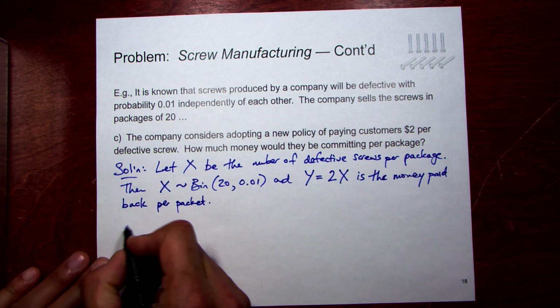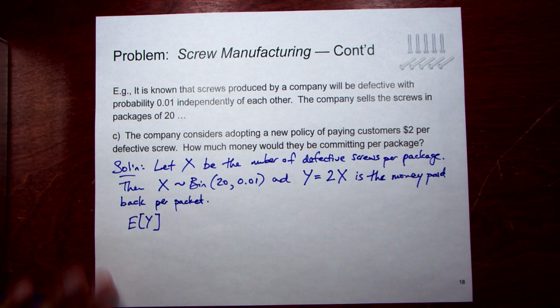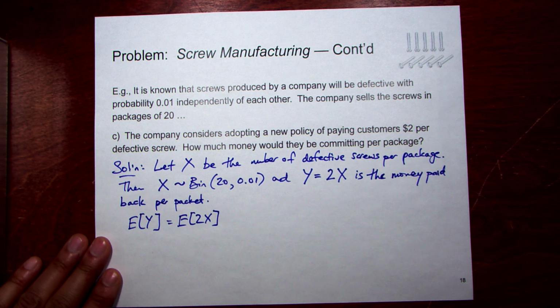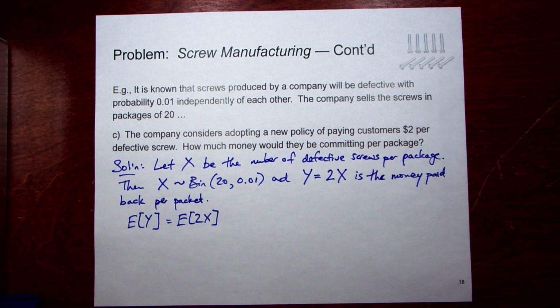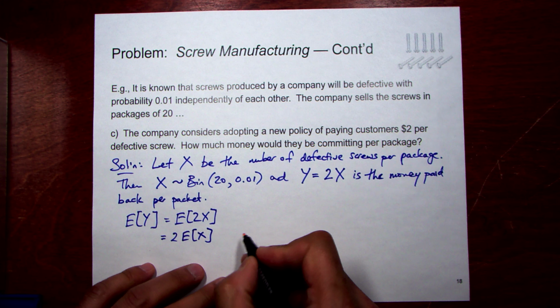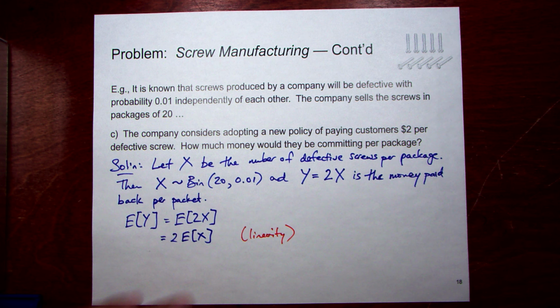And we're trying to compute the expected value of Y. Okay, let's do it. So Y is equal to 2X. And what happens next? Pull out the 2. Why? Linearity. Good. And what happens next?